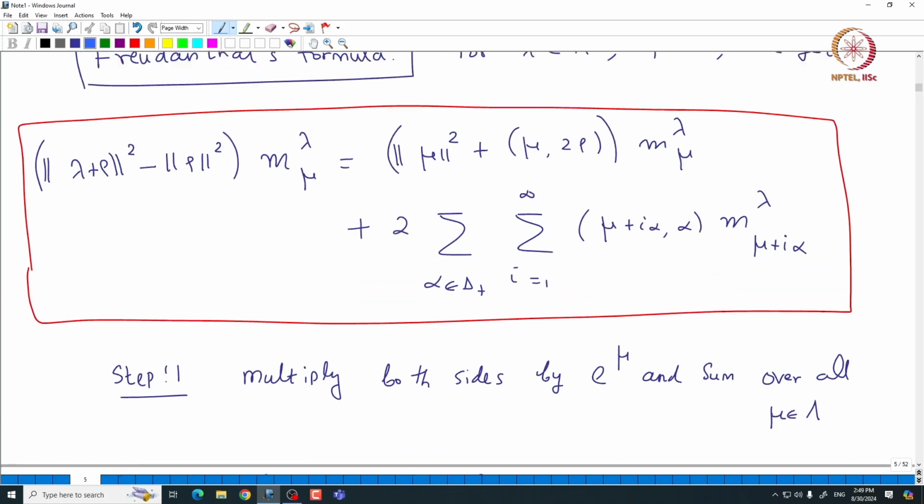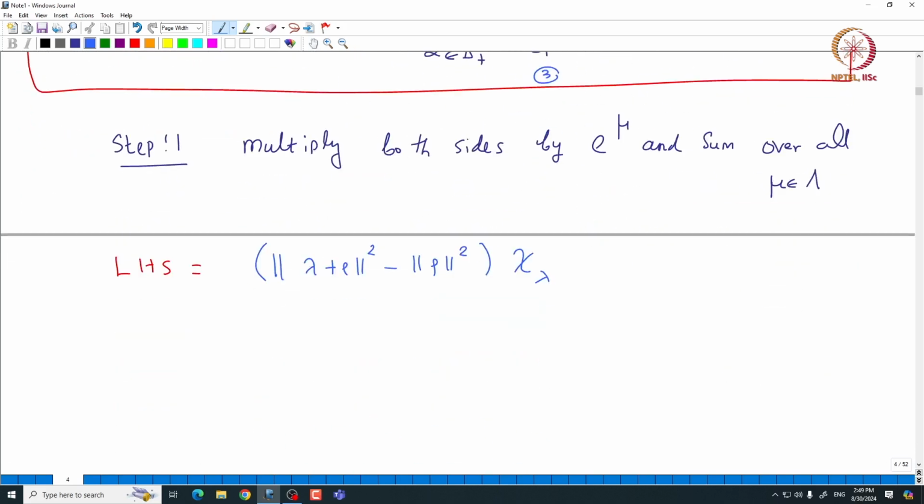So, what is there on the right side? Let us label the terms as 1, 2 and 3. Then it is clear that 1 is going to be the summation of norm mu squared times the multiplicity of lambda mu times e power mu, where mu runs over capital Lambda.